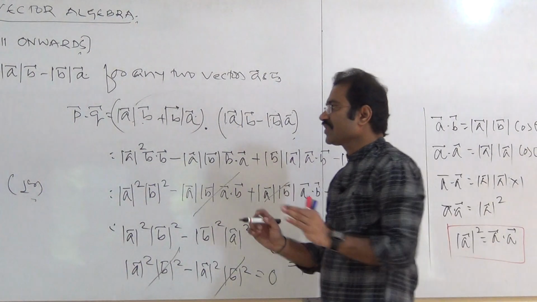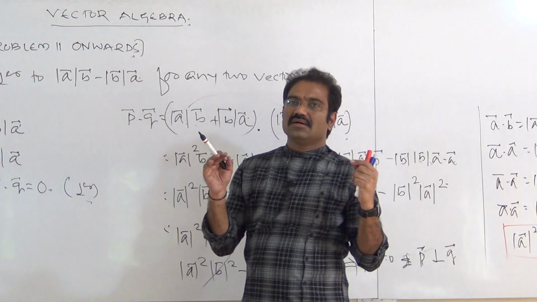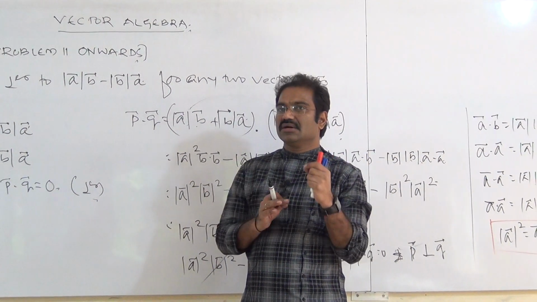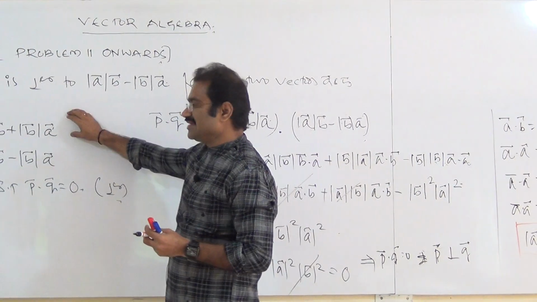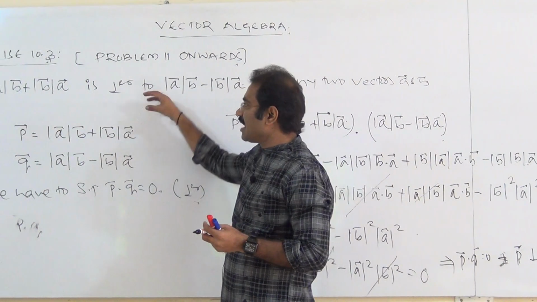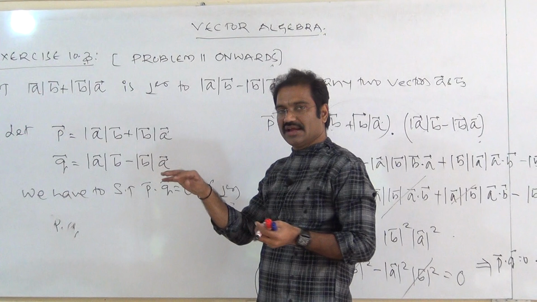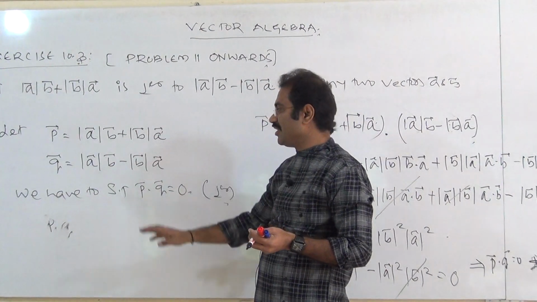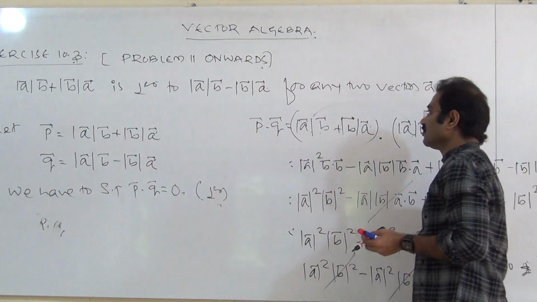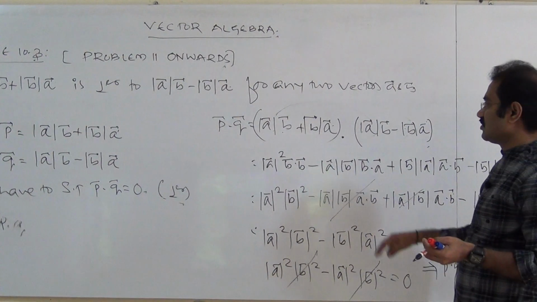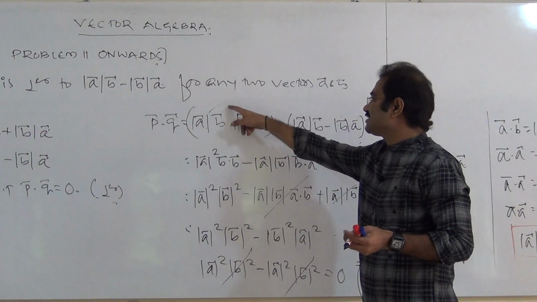Simple problem, but important. If you know the method, if you know the condition for perpendicularity, there is nothing. P is given, Q is given. I take one as P and another as Q, instead of taking A and B, because A and B have already been used. It is enough if I show that the product is equal to 0. P dot Q is P dot of Q. Dot product is distributive.